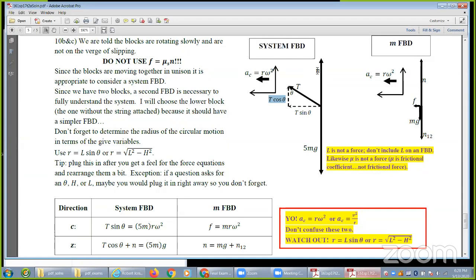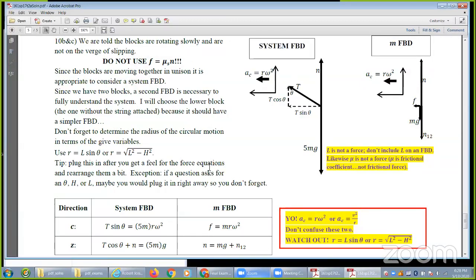So N12 is given right there. And we can see that N is not equal to all of the weight. T cosine theta takes away a little bit of that. So the two common mistakes would be this, or thinking that N12 was equal to 4mg. N12 is not 4mg.